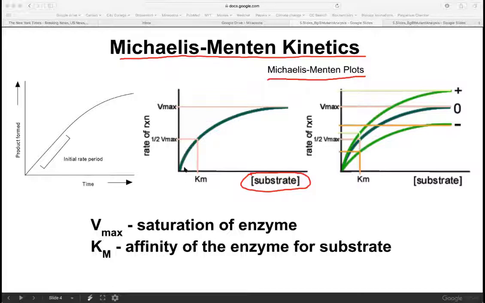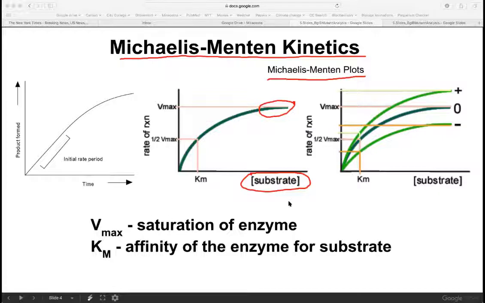What happens is that the velocity increases rapidly at low substrate concentration. But then as you get to higher and higher substrate concentration, velocity increases less rapidly and eventually flattens out altogether. So this is Vmax, the maximum rate at which the reaction can proceed. Physically, you should think of this as saturation of the enzyme.